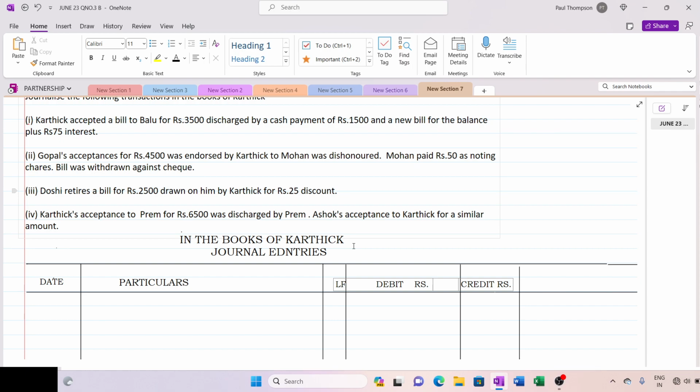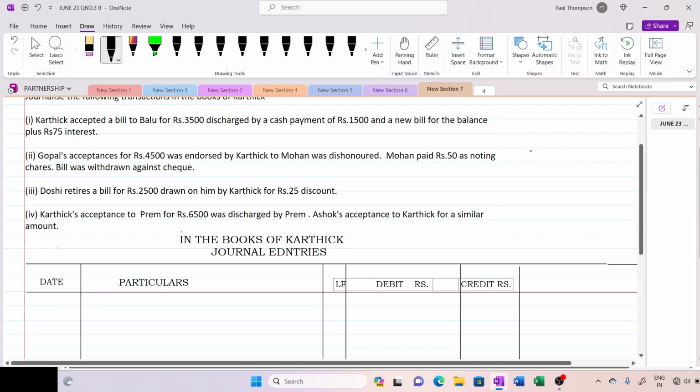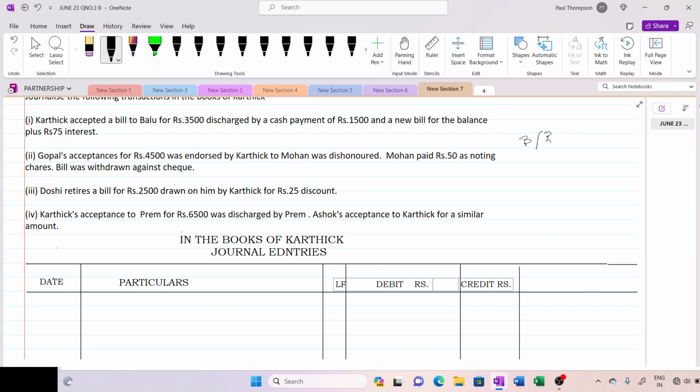So first thing is that for dishonor, we will be debiting the bills payable account and crediting Balu. I'll write here. So I'm going to write the combined entry, but you can make like this also. Bills payable account to debit, you can write the amount, to Balu. Balu will get credited again.